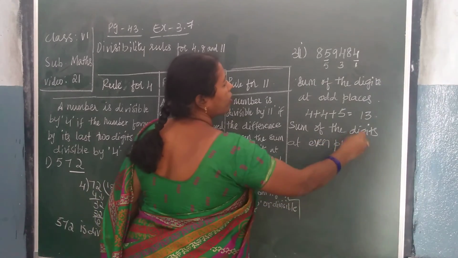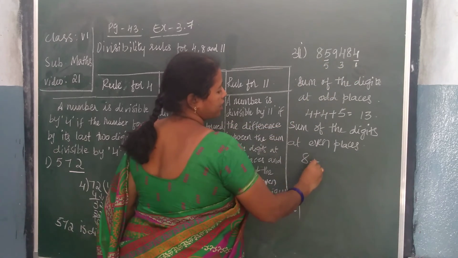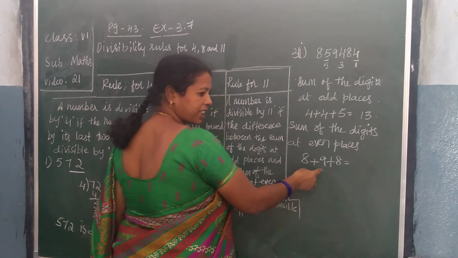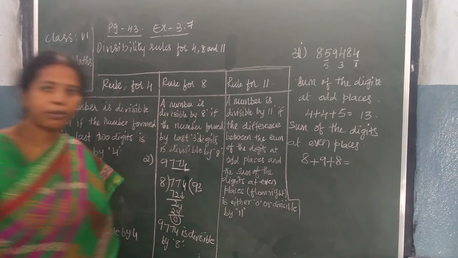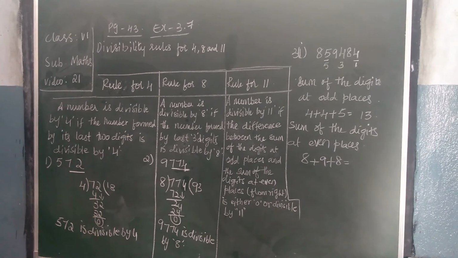Now, what are the even places? 8, 9 and 8. Now 8 plus 9 is 17. And 17 plus 8.